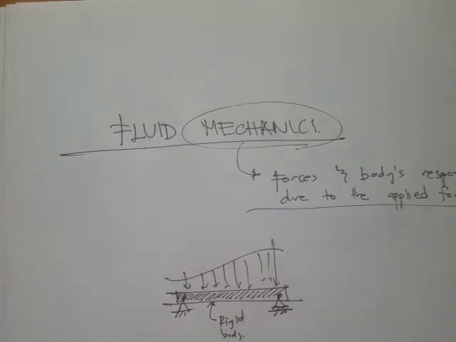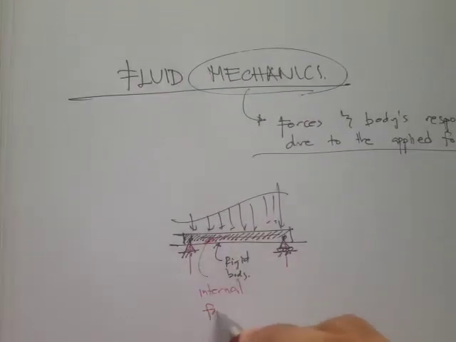Because of this external force, the response of the body would be the support reactions. And there's also a response in terms of the internal force, right? What's happening inside the body, or what force is this body experiencing? Let's write it here: internal force.